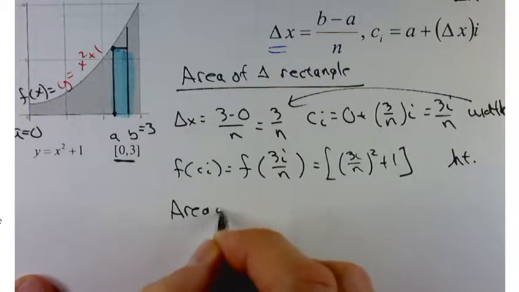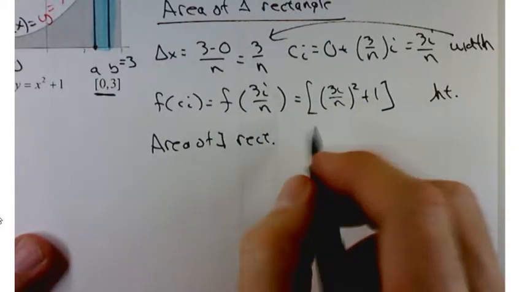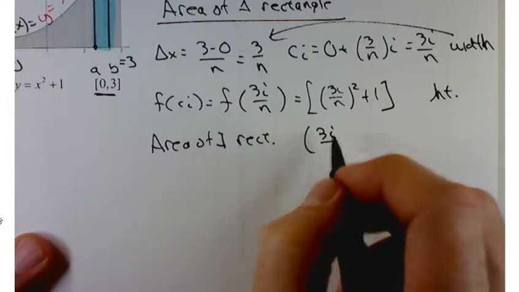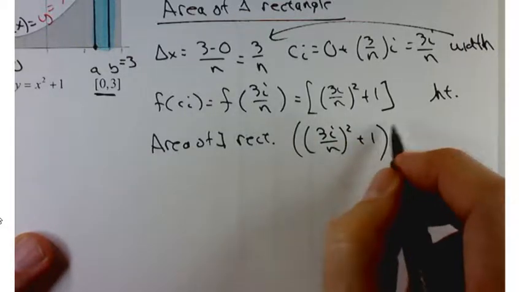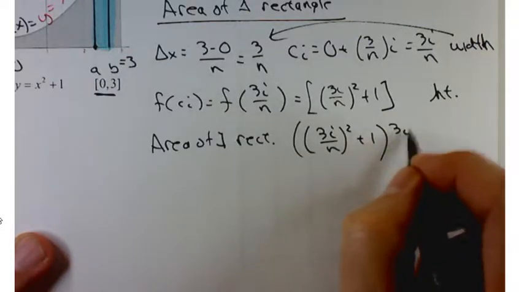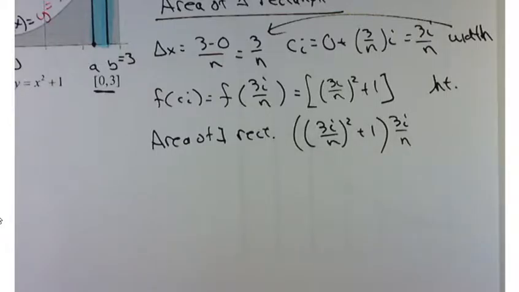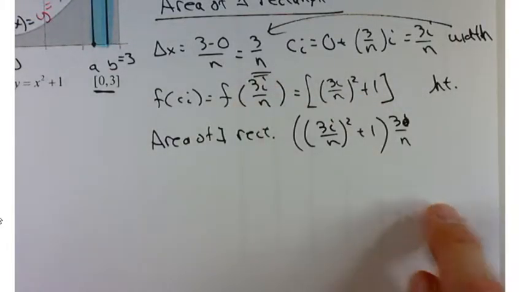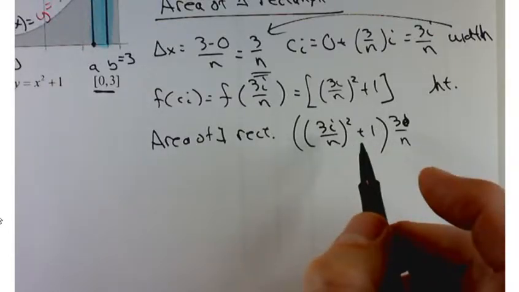Area of one rectangle is going to be (3i over n) squared plus 1 times 3i over n. No, not i. I don't want that i there. Sorry. It should just be 3 over n. That's better. So that's the area of one of those rectangles.